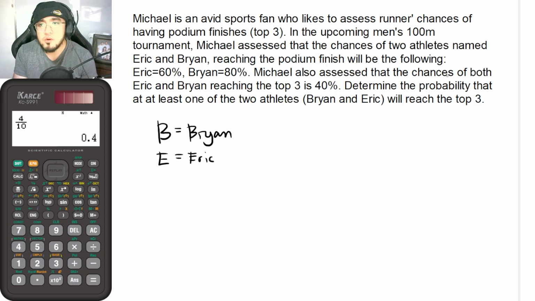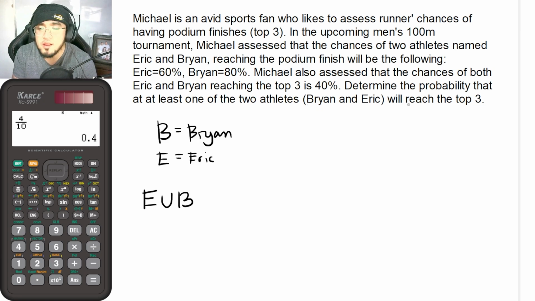In this problem, we would be determining the probability that at least one of the two athletes will reach the top three. Meaning, guys, our total event should be the union between Eric and Brian.